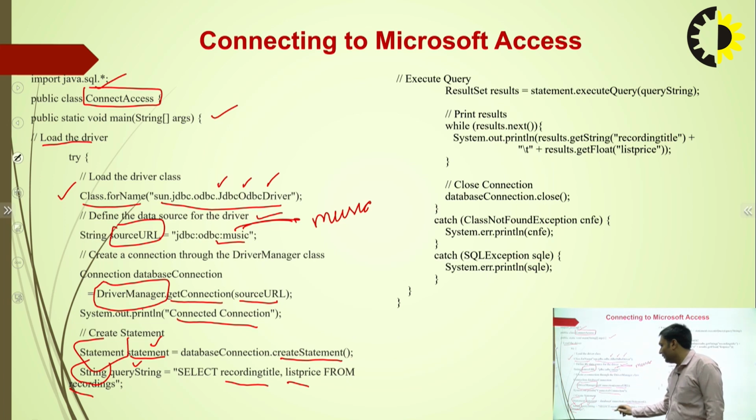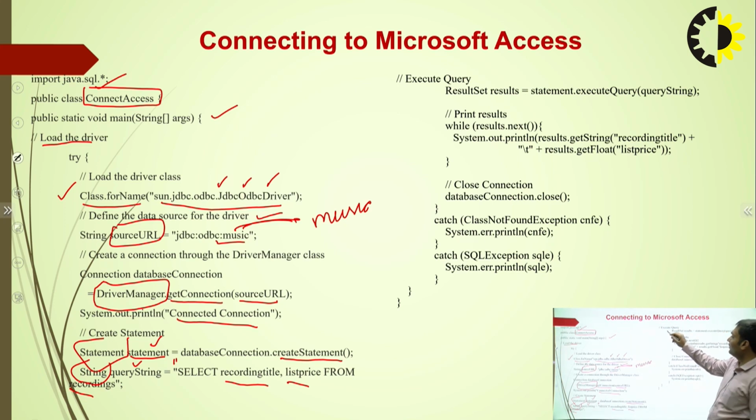So I write the SQL statement inside queryString, inside double quotes as it is a string, to select the recording title and list price from the recording table.